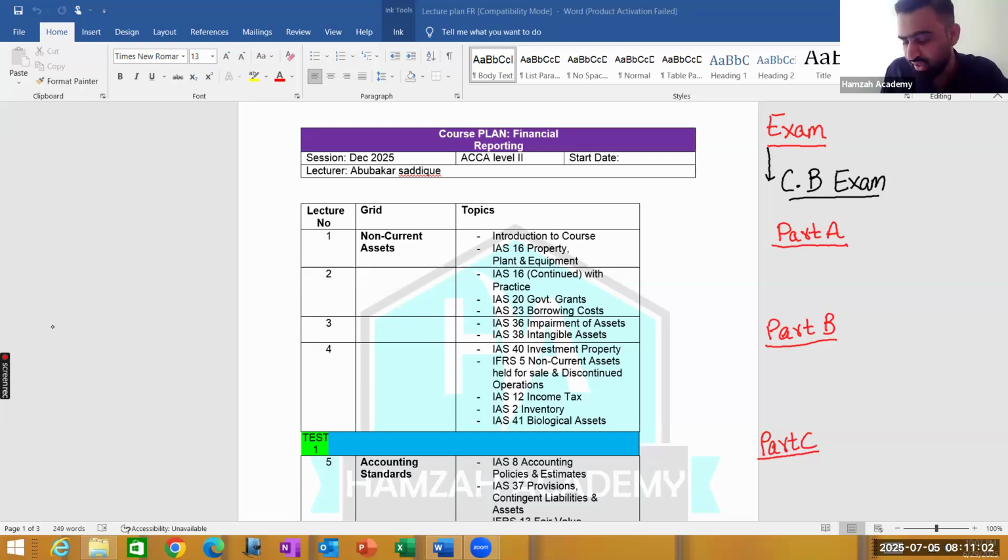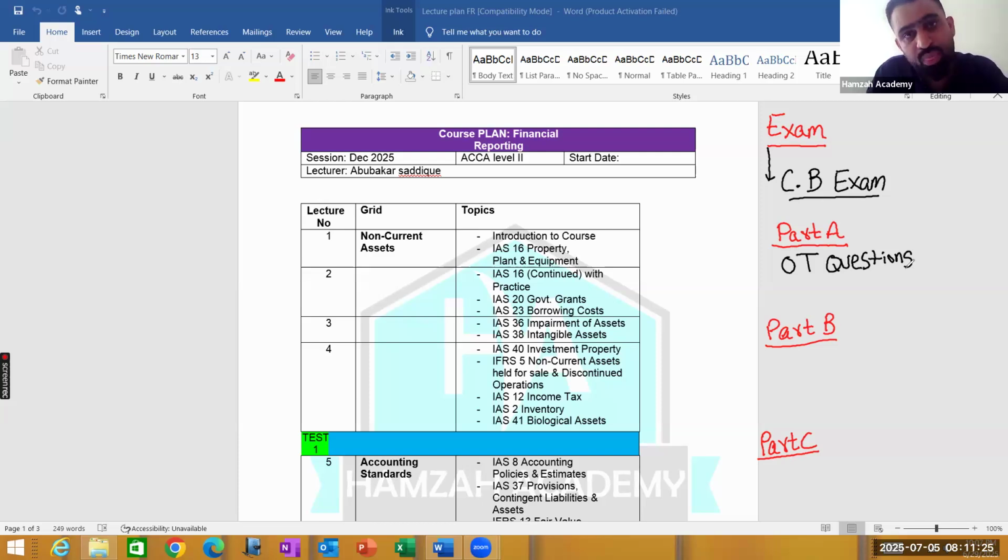Part A will consist of OT questions. OT questions mean objective test questions.